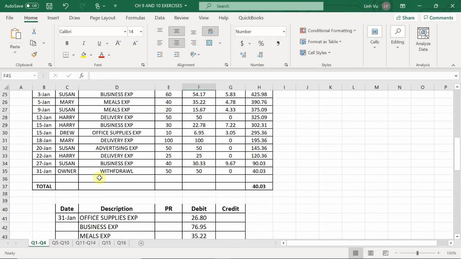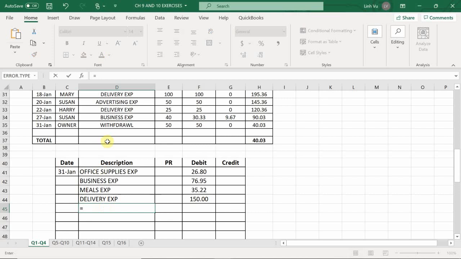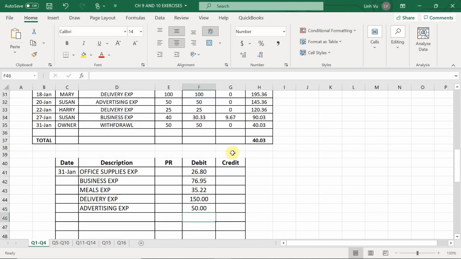Okay. So then on the 20th of January, Susan borrowed money to pay for advertising expense for $50. So in this case, Susan borrowed money for advertising expense for a total of $50. Right?